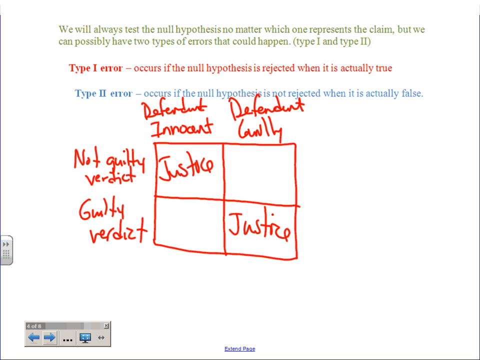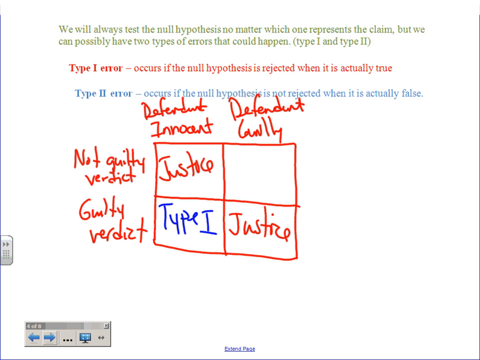This right here says the null hypothesis that you were innocent was rejected. Was it supposed to be rejected? In this case right here. No, so what type error was that? It's type 1, exactly. It was rejected. The null hypothesis of being innocent until proven guilty was rejected, but whoops, wasn't supposed to be.